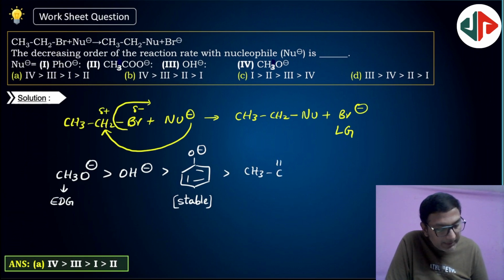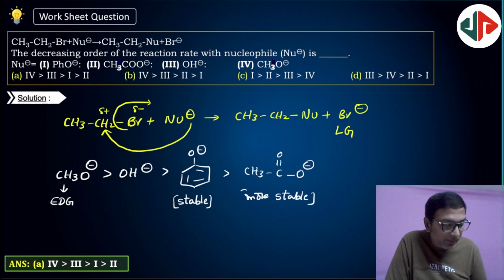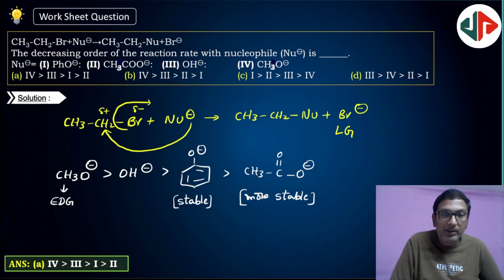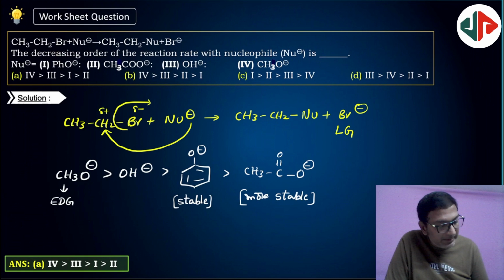Last, CH3COO minus, acetate, more stable. When compared to phenoxide ion, acetate ion is somewhat more stable. So CH3O minus methoxide ion is more nucleophilic when compared to OH minus, which is more when compared to phenoxide, which is more when compared to acetate ion. So this is the order: 4, 3, 1, 2.